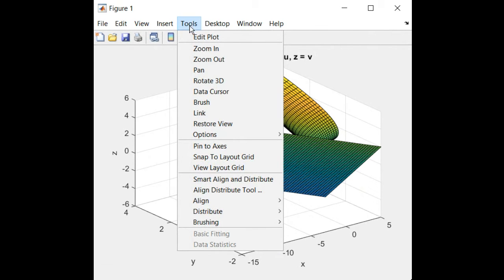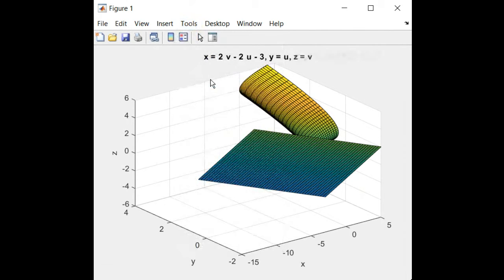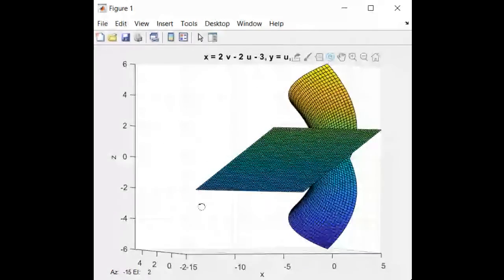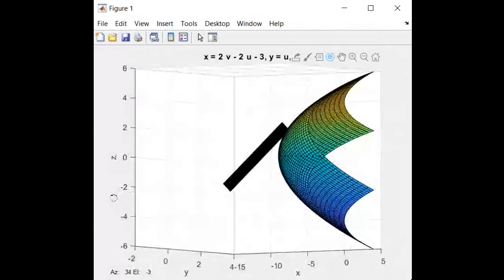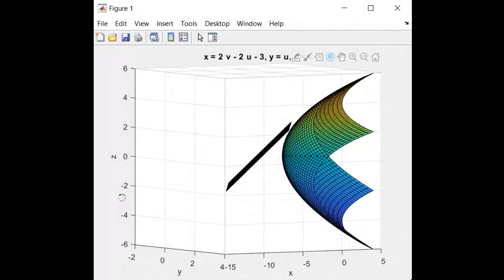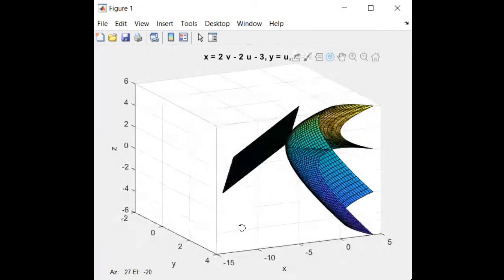Now, if you go to Tools, and do Rotate 3D, I want to check to see that this plane is tangent to the surface. I might have to rotate the figure a little bit to see that it is tangent. And that's pretty good, right?